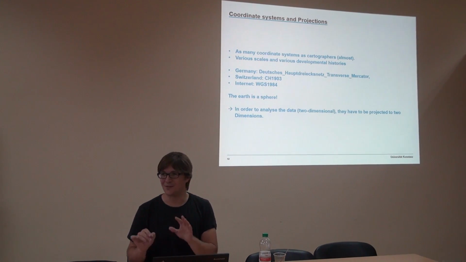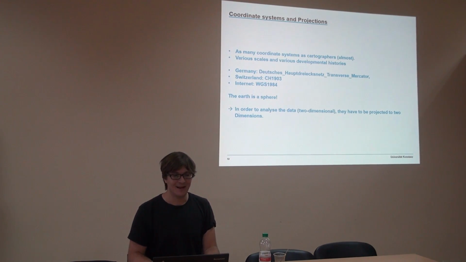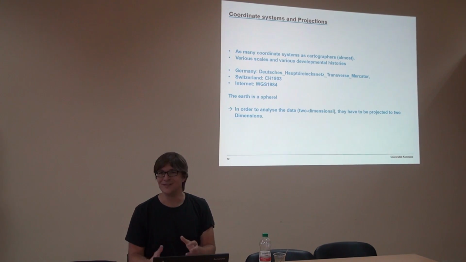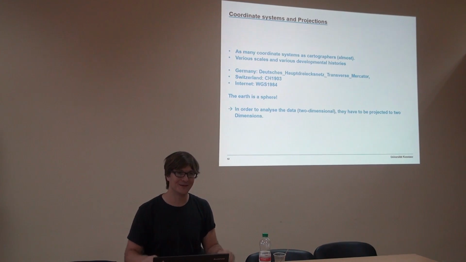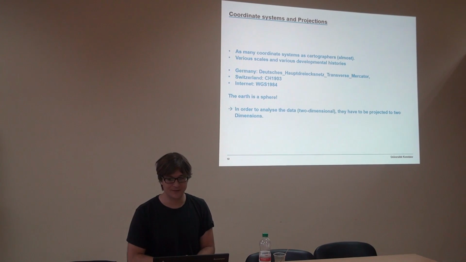There are literally thousands of coordinate systems, and usually they have different histories, and every country has its own history of how they measured all the distances in this country. Usually there's some kind of point zero from which people measured everything in the country, like in Switzerland, I think it's in Bern, so you have the coordinates from Bern, and in Germany I don't think it's in Berlin, it's somewhere else.